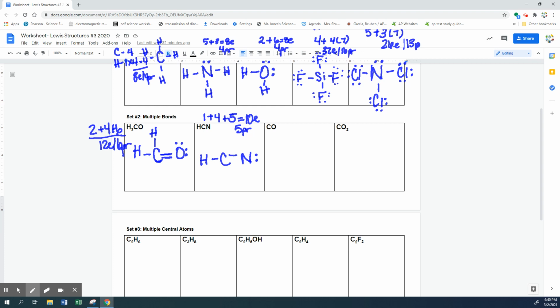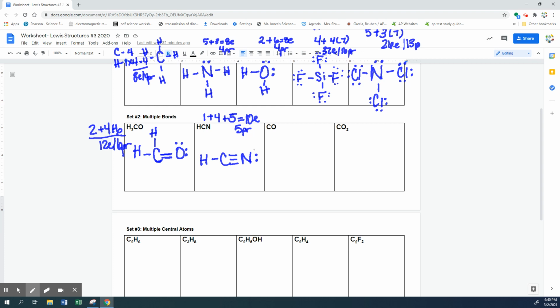Carbon also needs 3 bonds, so we put 3 bonds between them, a triple bond. Make sure everything is happy. Hydrogen has 1, carbon has 4, nitrogen has 4. We only use 5 pairs: 1, 2, 3, 4, 5.